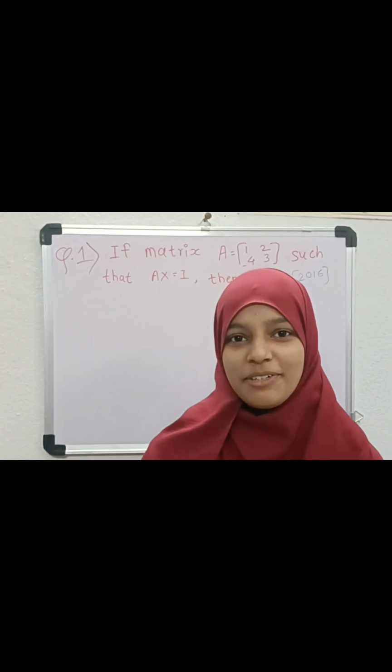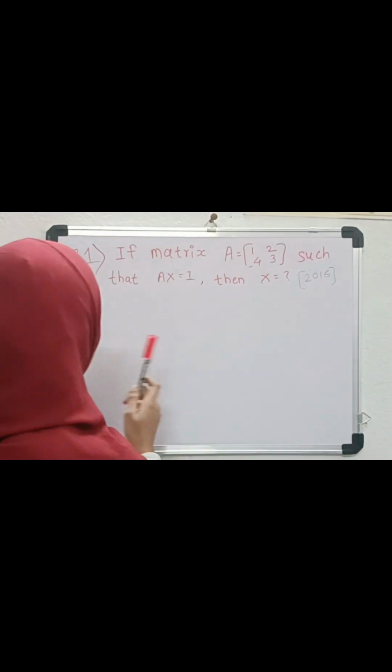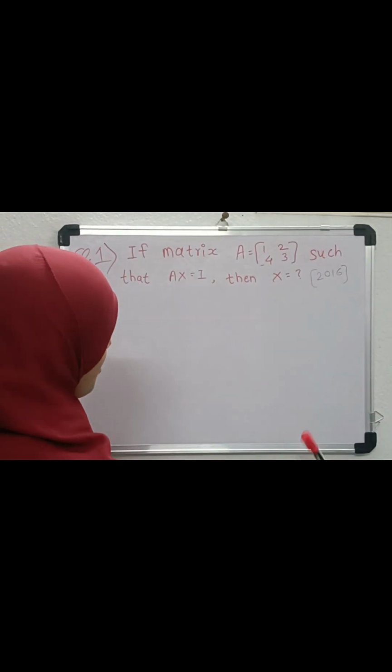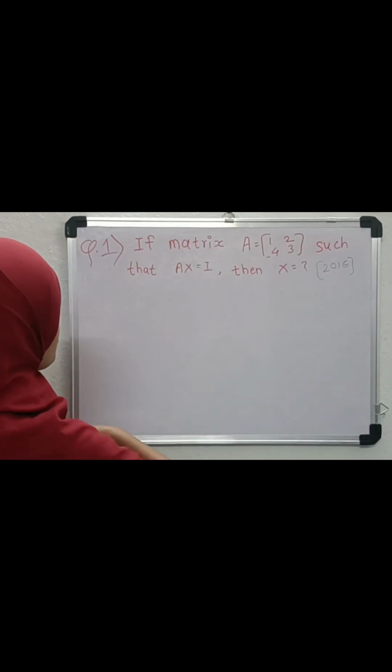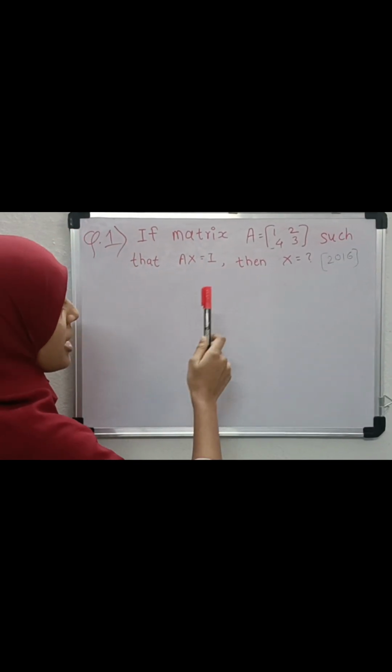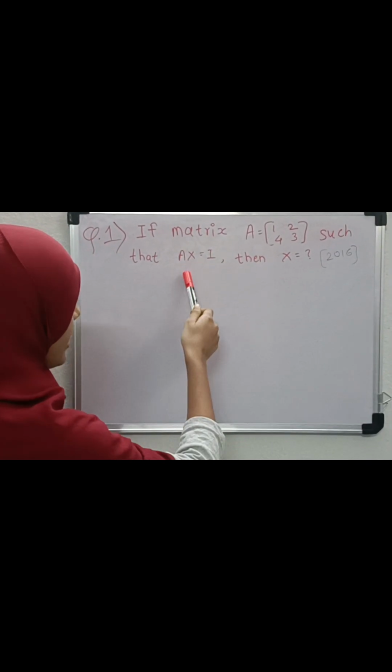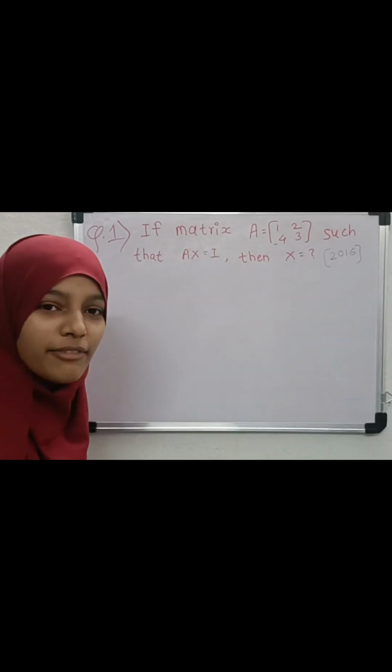Let's solve one question based on our short trick. Today's question is a previous year question which was repeated in 2016 also. The matrix A has the elements 1, 2, 4, 3 such that Ax equals I. Then we have to find the value of x.